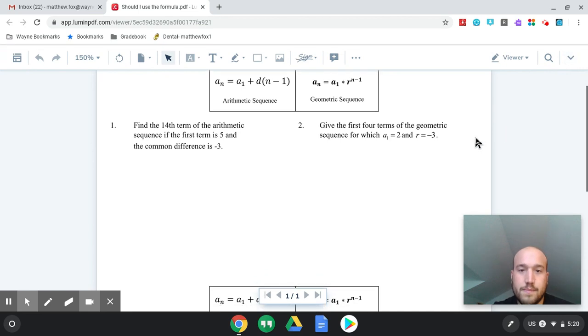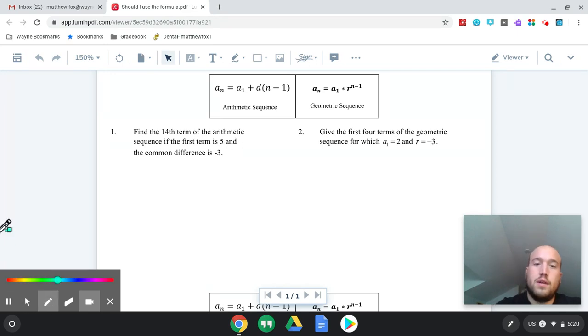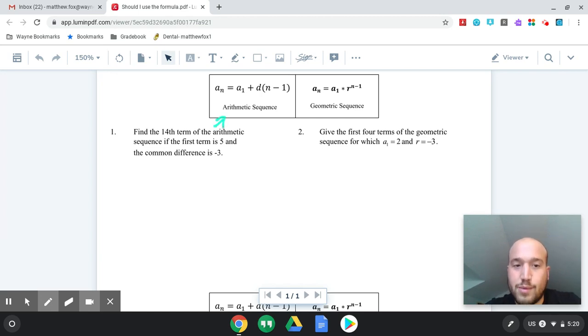Okay, so this first problem says find the 14th term of the arithmetic sequence if the first term is 5 and the common difference is -3. So first, arithmetic sequence. So right from the start, we know we're dealing with this guy. We don't care about geometric for this problem.